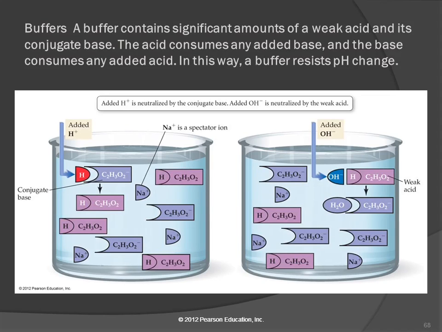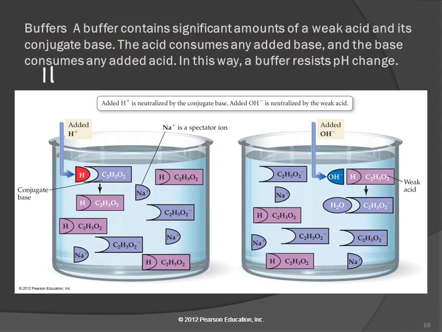Pictures are better. Okay, so here we have a beaker, and this is the acetic acid, and this is the conjugate base. So maybe let's write an equation for that, because that might be helpful.